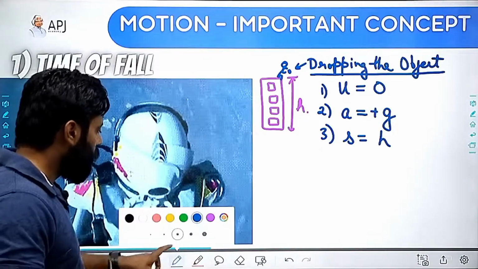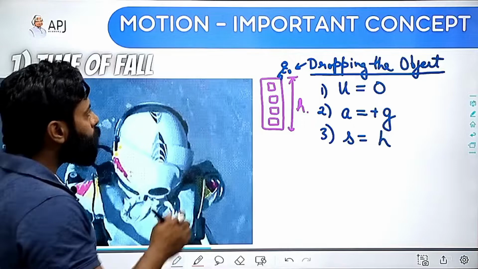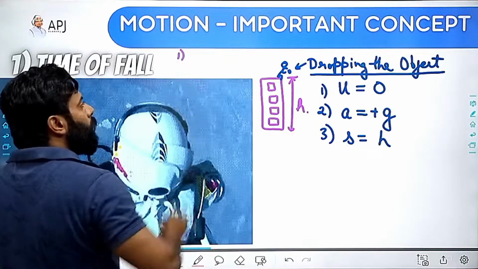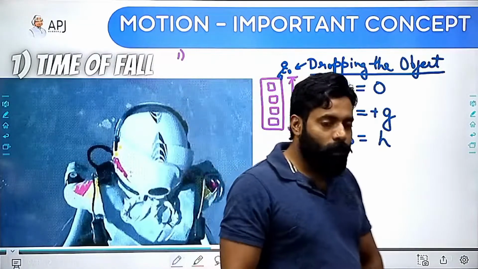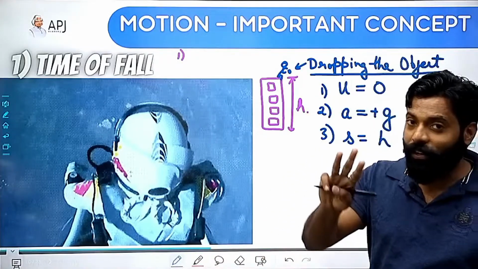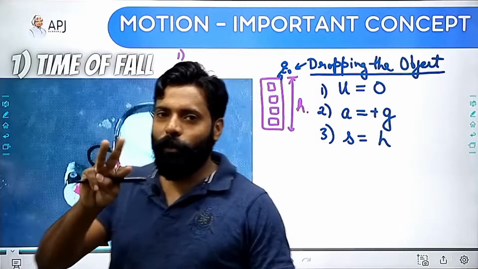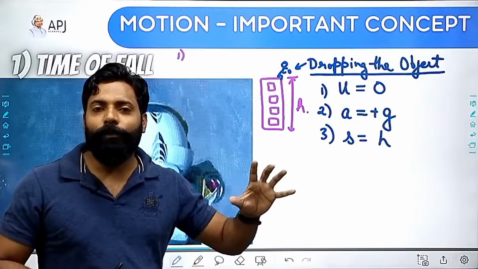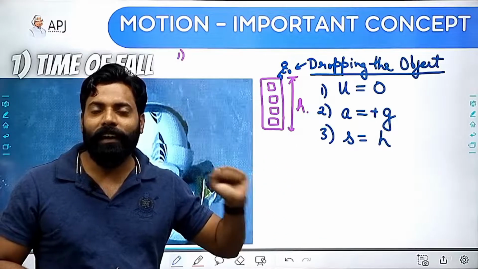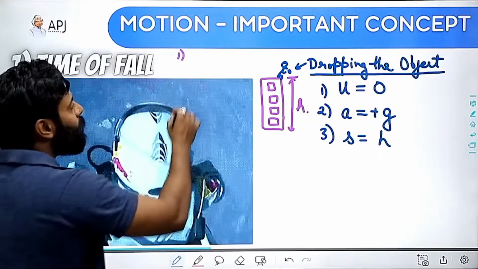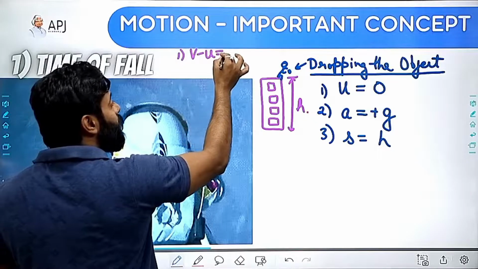I am telling you that if you see the equations of motion, there are 3 equations of motion, right? I hope that you all know that. I am going to tell you the magical 5 fundas for this kinematics. Equation 1 states that v minus u is equals to at.